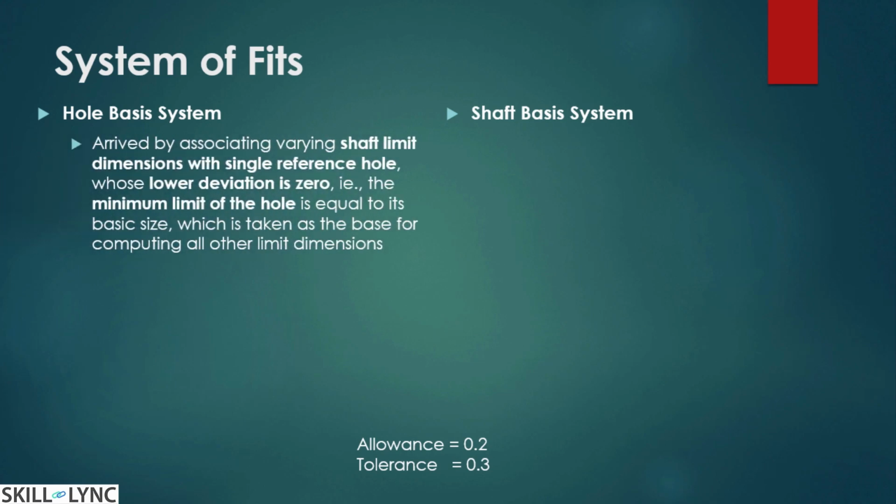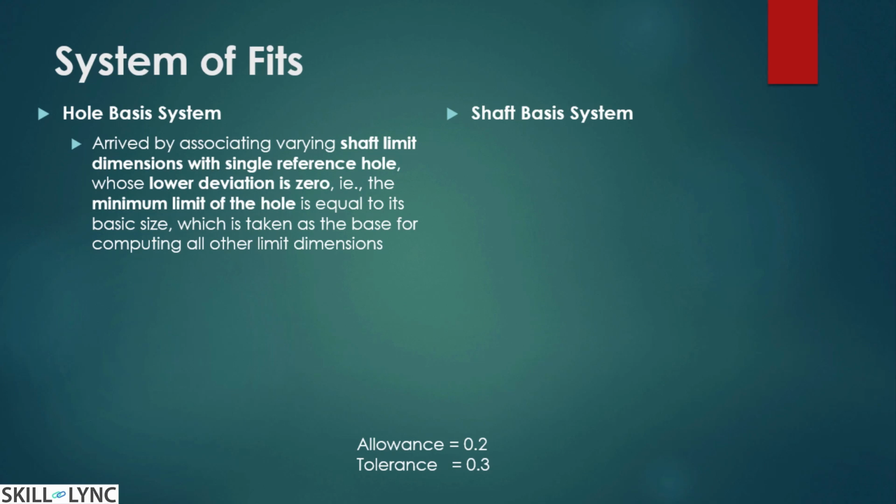In the hole basis system, the fit is arrived at by associating the varying shaft limit dimensions with a single reference hole. That means the hole dimension is kept constant, whereas the shaft limits are varied to determine what the deviations are. For the single reference hole, the lower deviation, that is the fundamental deviation here, is 0.